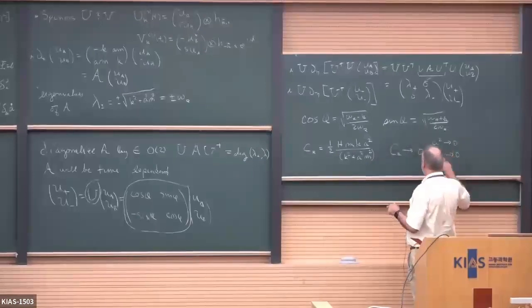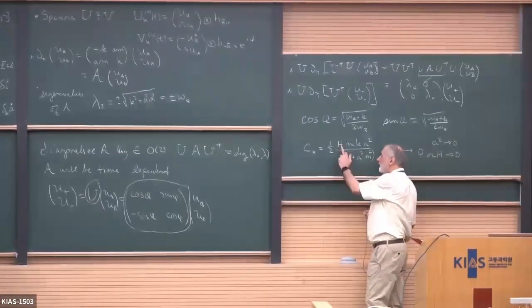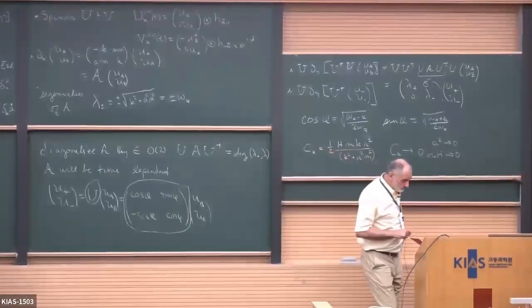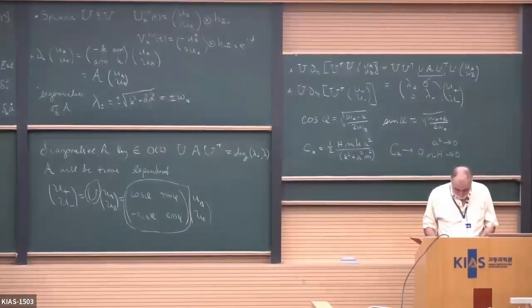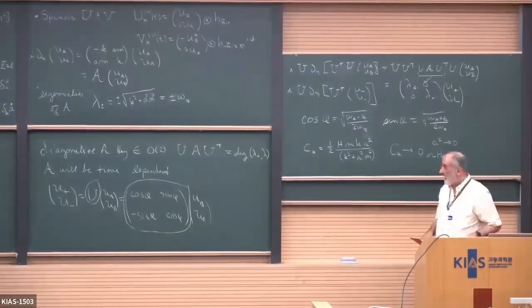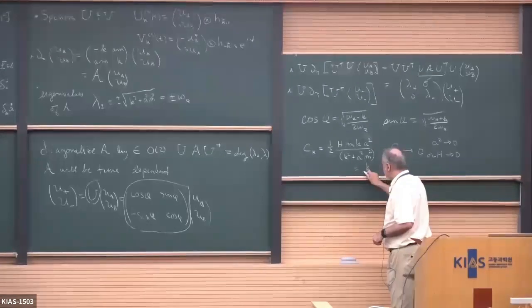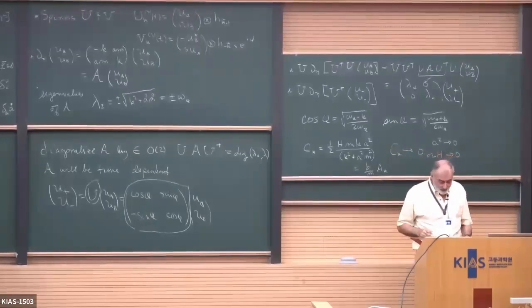At late times, it goes to 0, too, and it becomes adiabatic at late time because H will go to 0. And this is K over M times the adiabaticity parameter that we had for scalars.